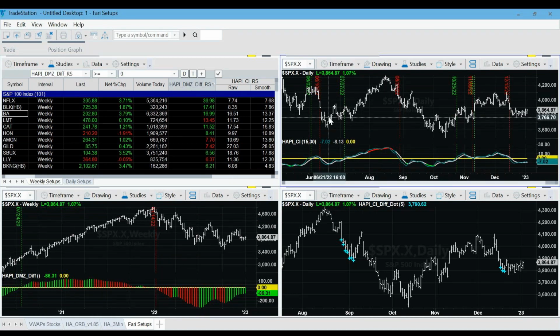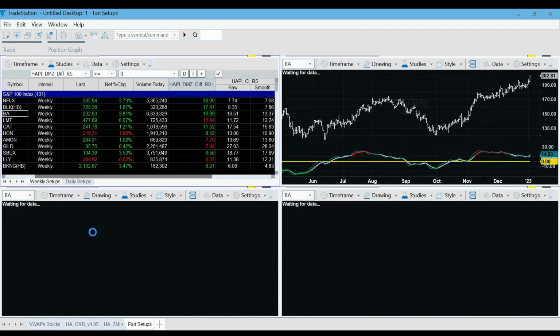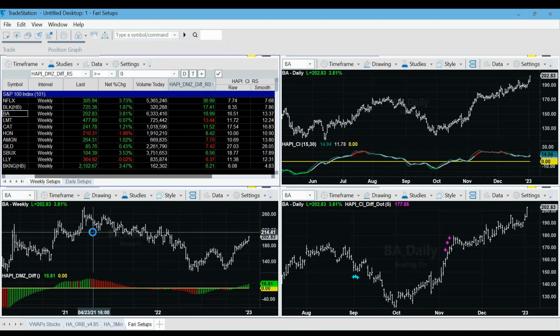So if we're talking BA, we don't want to be fooling with BA buying these crosses up if the weeklies are in a downtrend. We want to be doing this kind of stuff when the weeklies are in an uptrend. So if you're looking at BA, during this time period, let's say starting in November, it started going down, we don't want to be buying these crosses up, only since October.